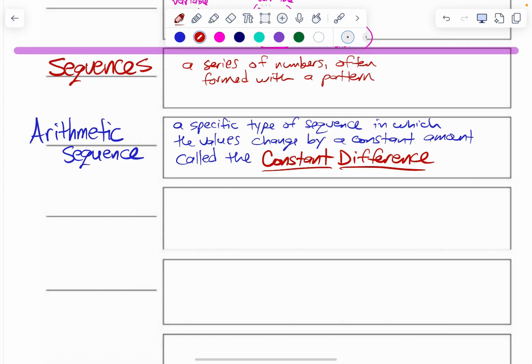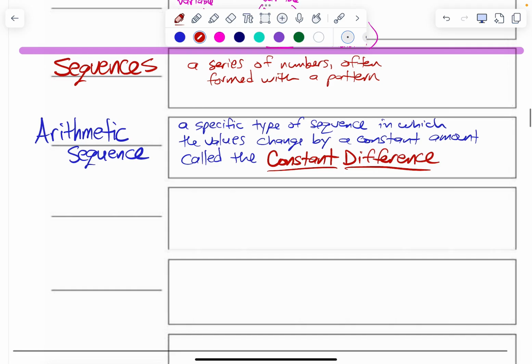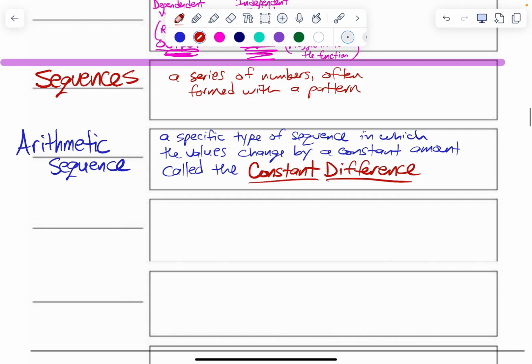We're switching the name just for this analysis purpose because our brains are created to see patterns. Specifically, we're calling this now an arithmetic sequence or pattern. But this is just a linear function. It's just a linear relationship.